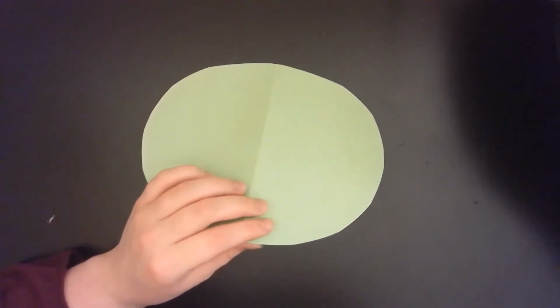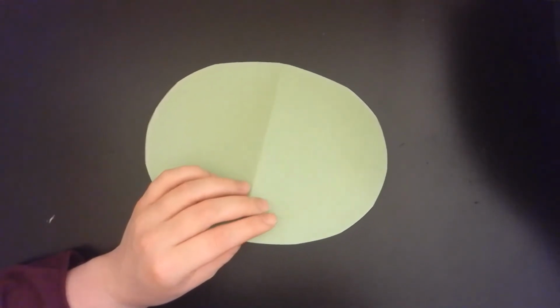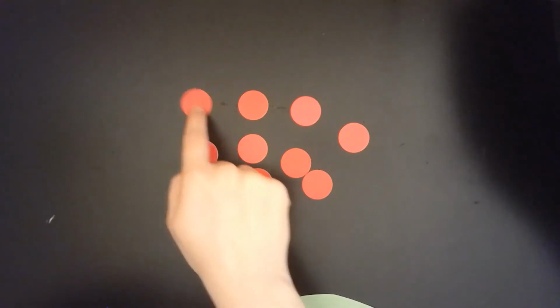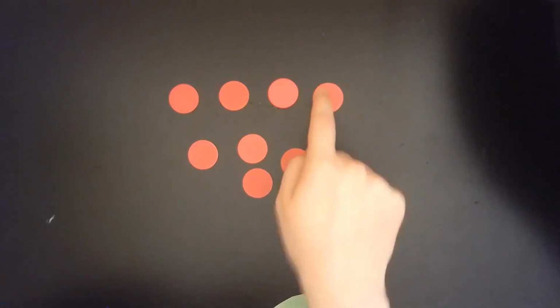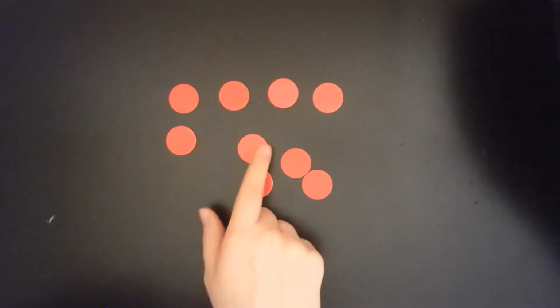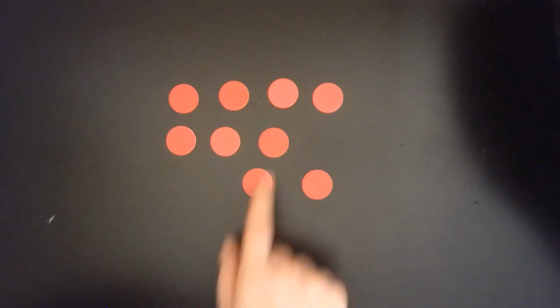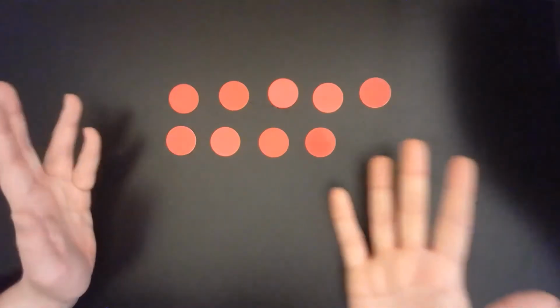Are you ready to see? All right, let's see if you got it. We had 7. Let's count. Now we have 1, 2, 3, 4, 5, 6, 7, 8, 9. Now we have 9 counters.